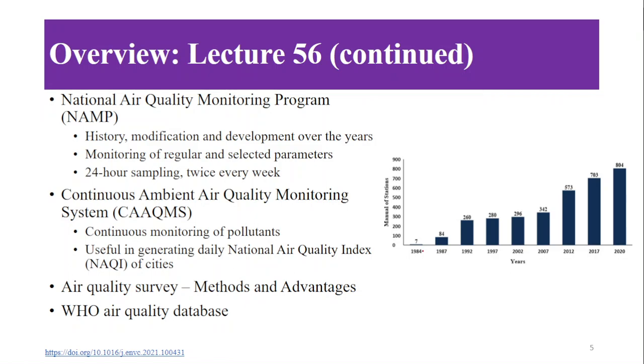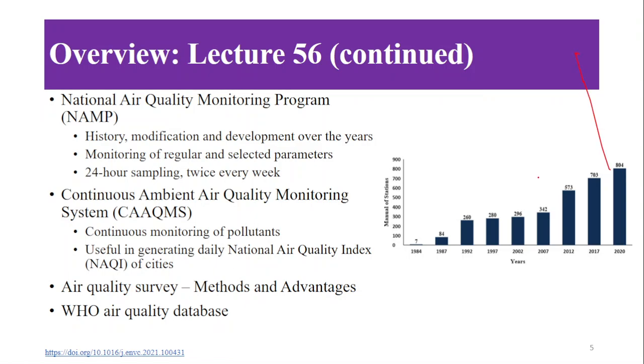We see that in 1984, when it was first implemented, the program covered two towns or cities, Agra and Anpara, with seven stations in total. Then over the years, it gradually increased by 2020 to 804 stations in roughly 370 towns or cities.